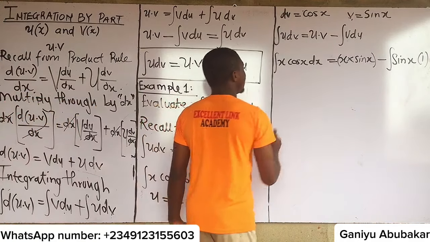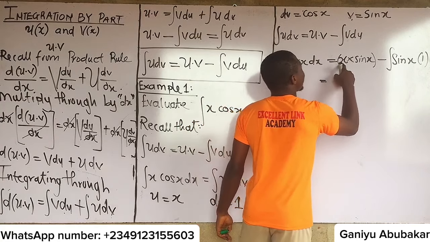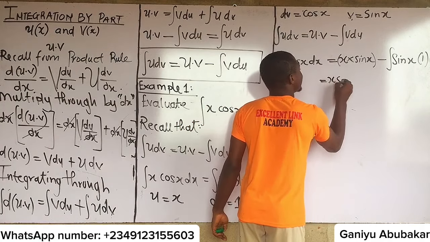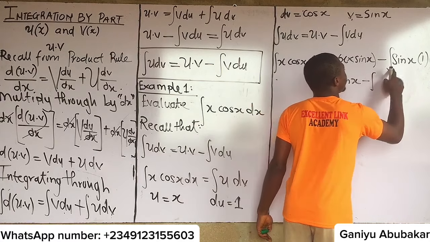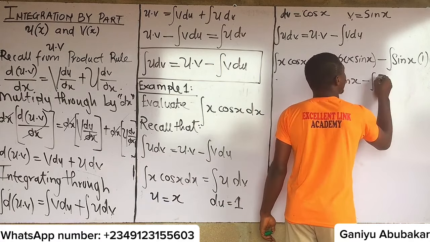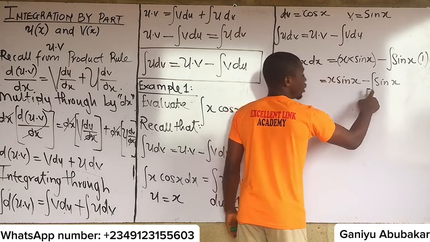To proceed with my solving, if I integrate this function here, I'll have x sine x minus the integral of sine x times 1, which is sine x. I'm still left with integration here.